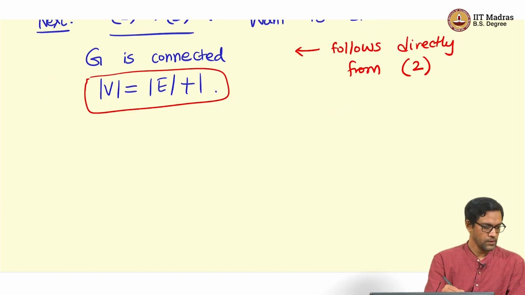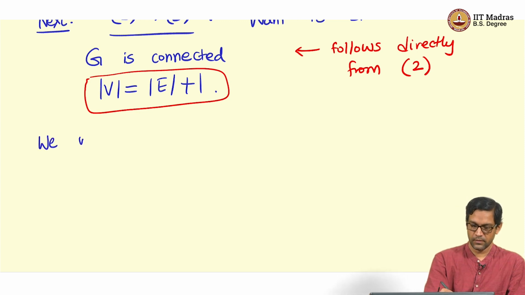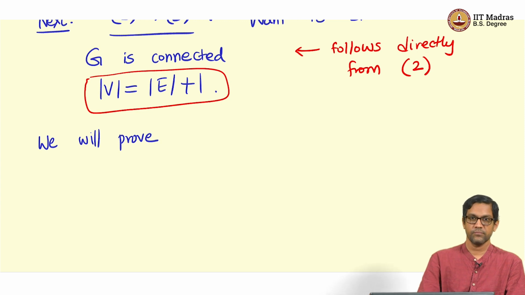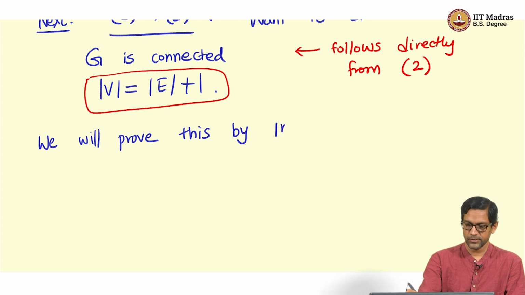Okay. Now to do this we will, this is an interesting argument again, we will argue by induction. Often many statements of graph theory end up needing induction for their proofs. So we will prove this by mathematical induction.